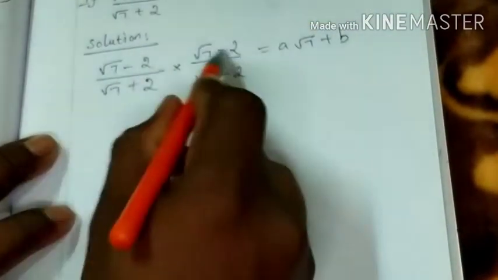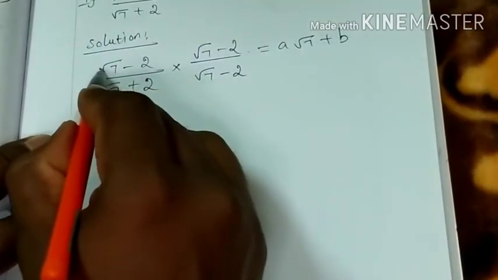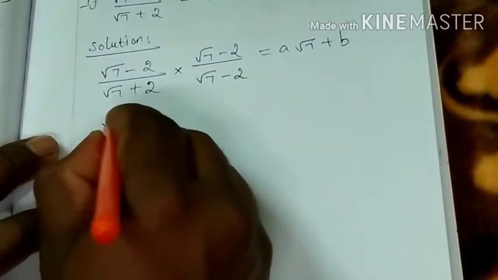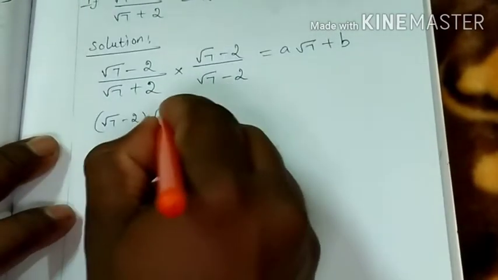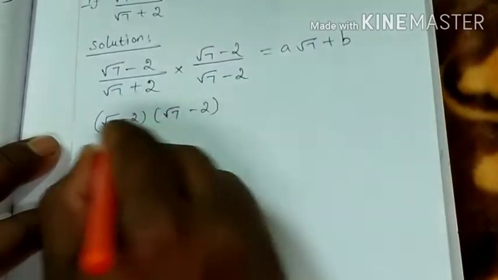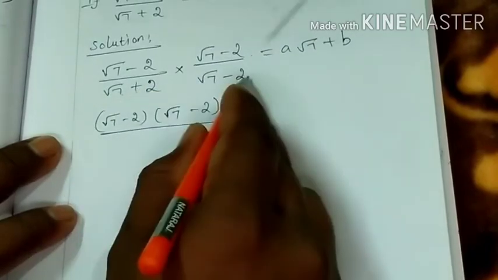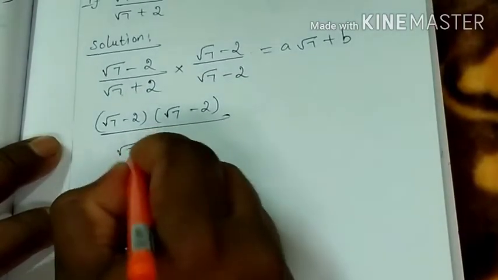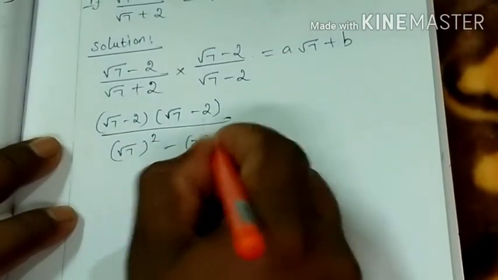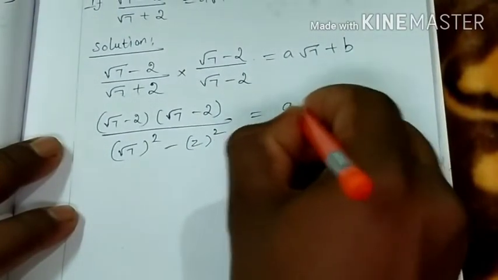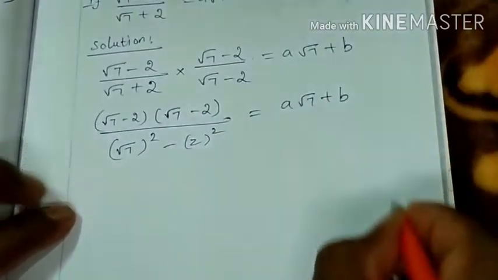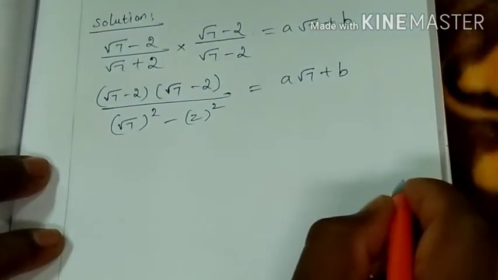Then the product of the numerator is root 7 minus 2 into root 7 minus 2. The denominator looks like a plus b into a minus b, so a square minus b square is your formula. So a square minus b square, root 7 square minus 2 square, which is equal to a into root 7 plus b. Have you understood the using the formula?